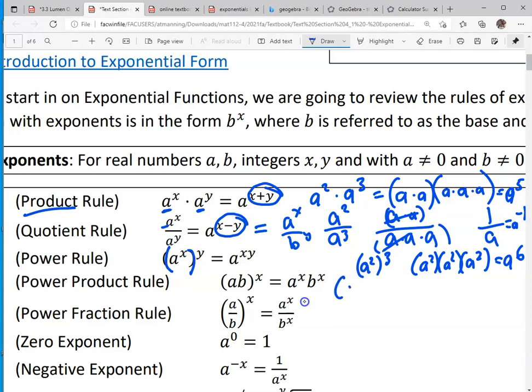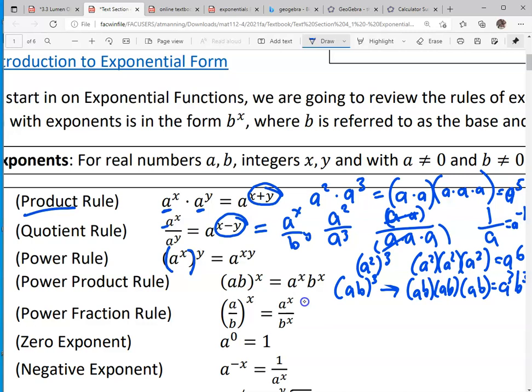So, for example, ab to the third power is the same as ab times ab times ab. And you see that, oh yeah, that's a to the third times b to the third. Two numbers multiplied to a power gives you that. That's the power product rule.